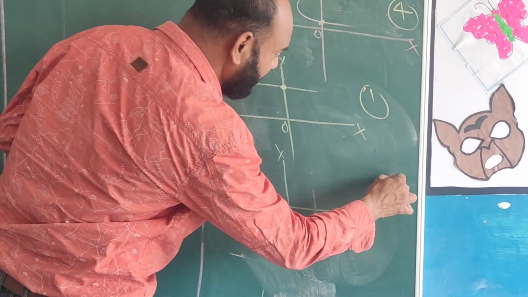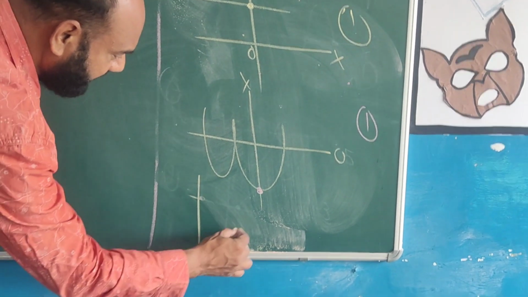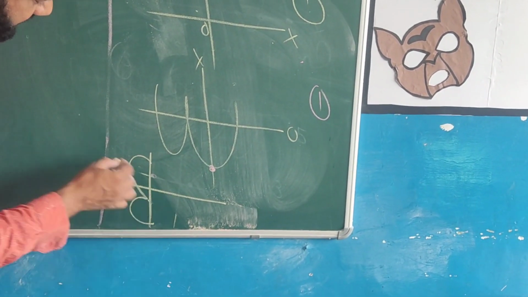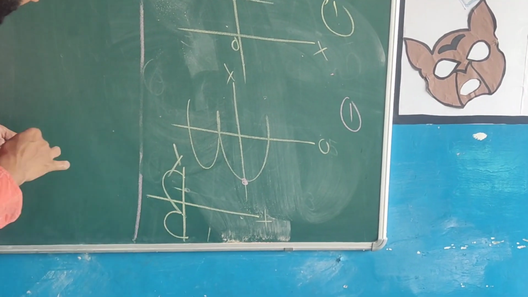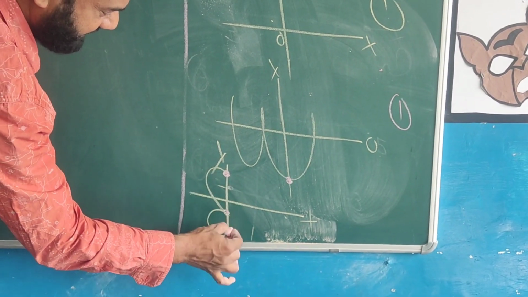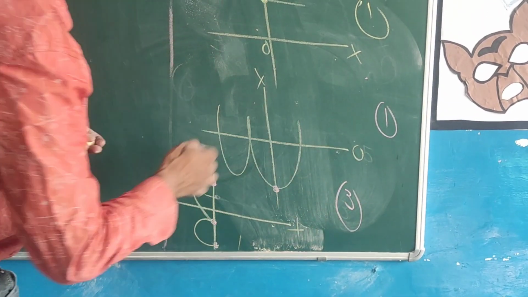Therefore, the number of zeros is 1. And in this example we see the curve cuts the y-axis at 3 different points. First point, second point, third point. Therefore, the number of zeros is 3.